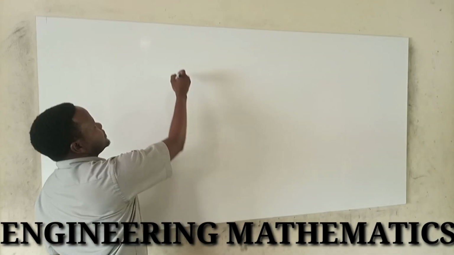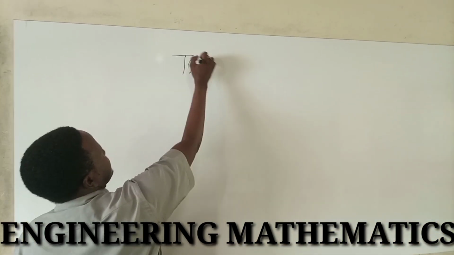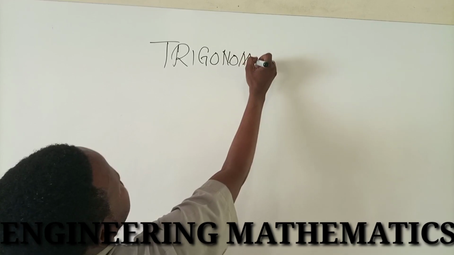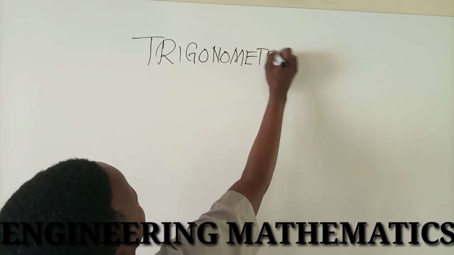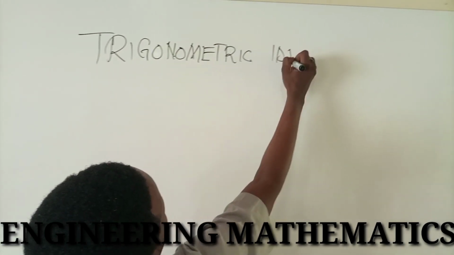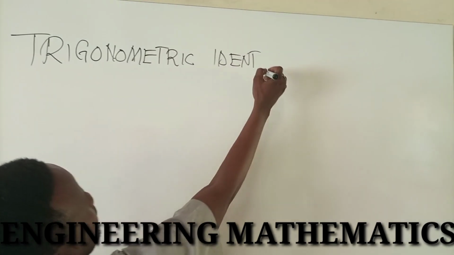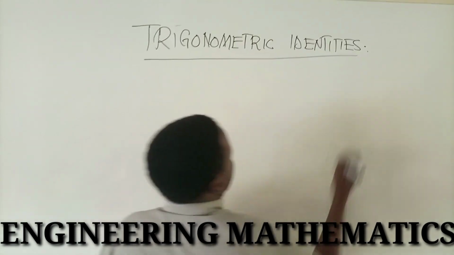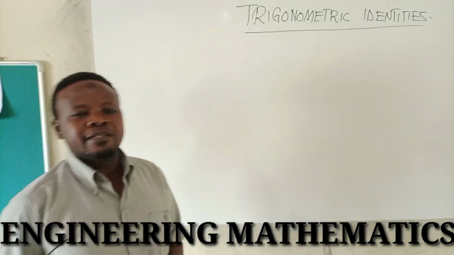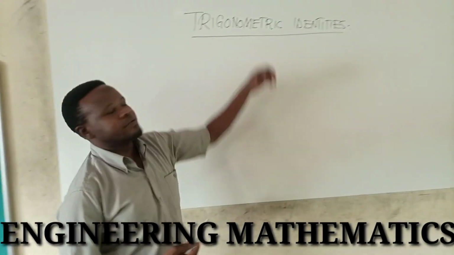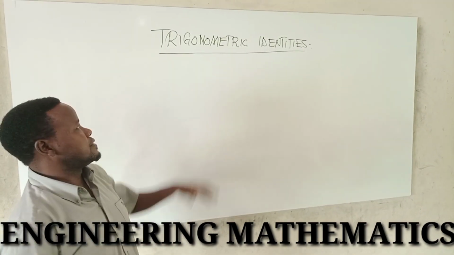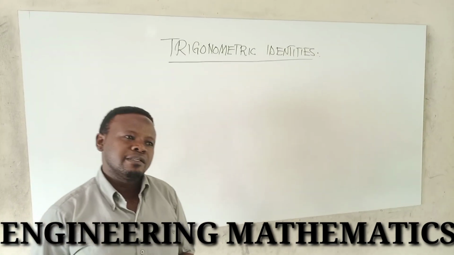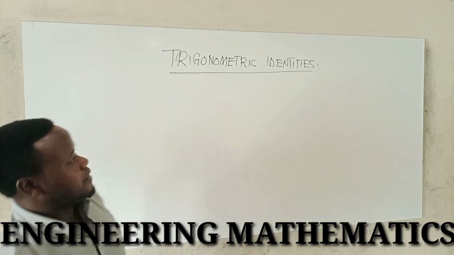So I write here trigonometric identity. Okay, so we'll discuss just by starting a little bit about trigonometric identities, and this is one of the very important parts in mathematics in trigonometric ratio.